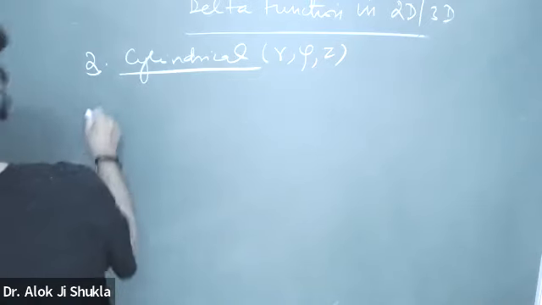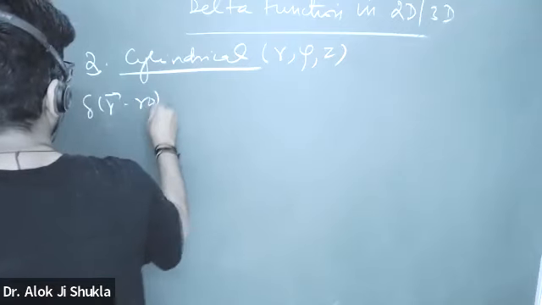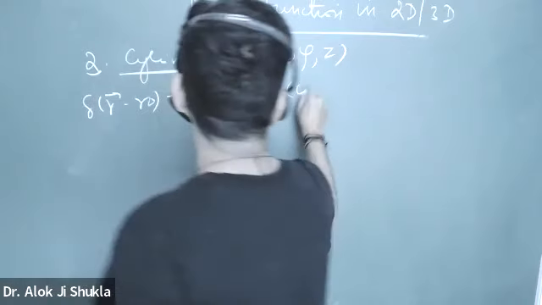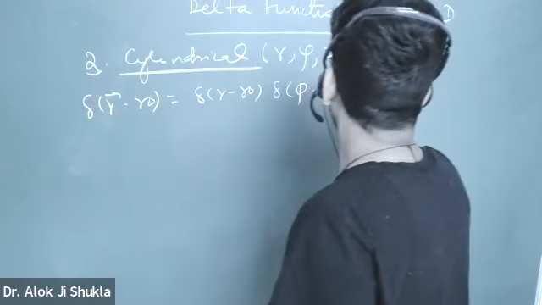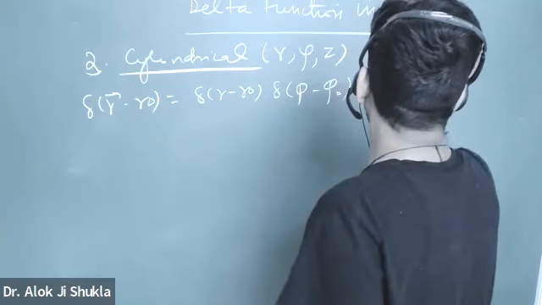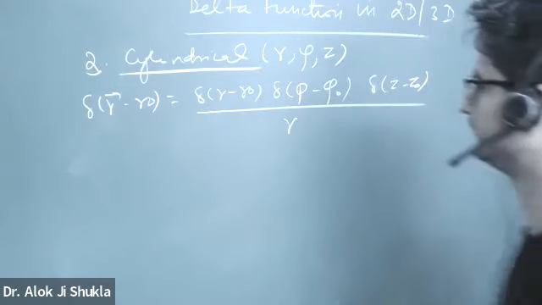So this will be delta(r minus r naught) equals delta(r minus r naught) delta(phi minus phi naught) delta(z minus z naught) upon r.